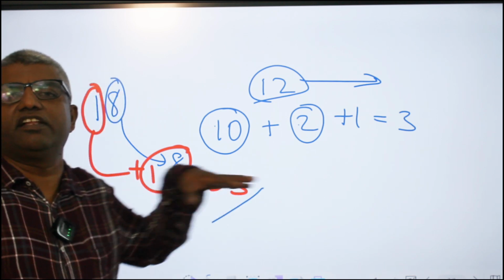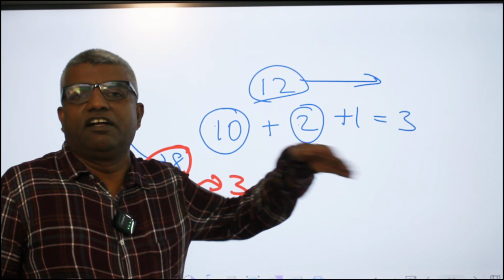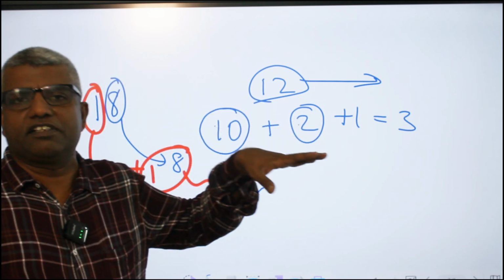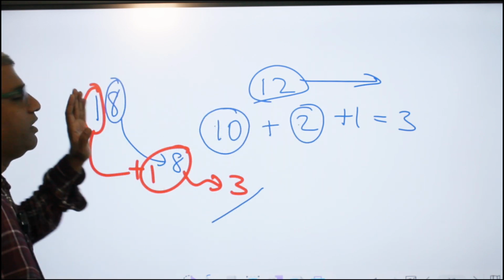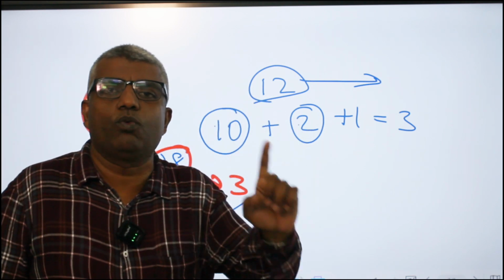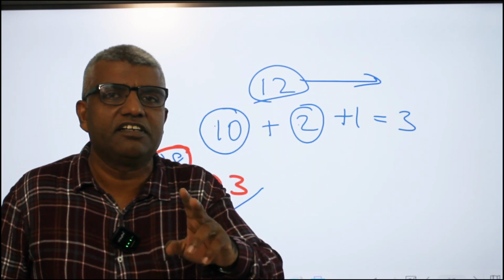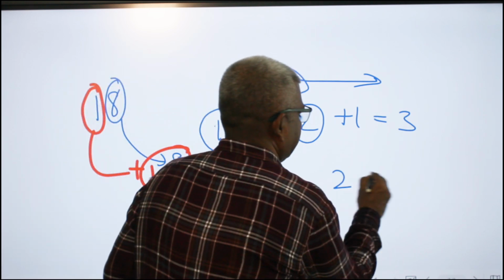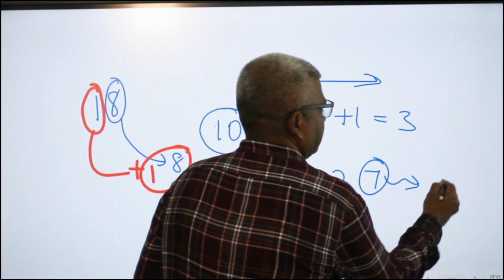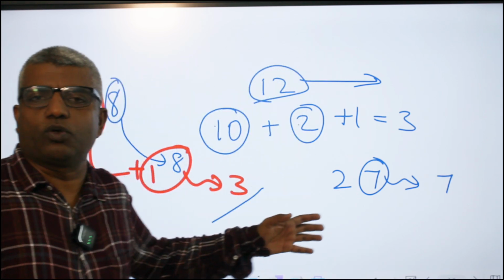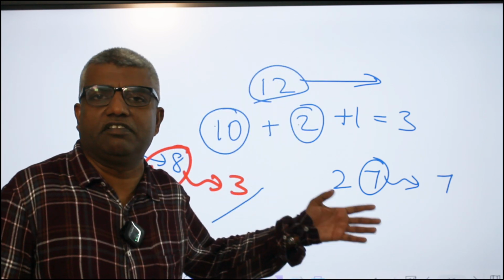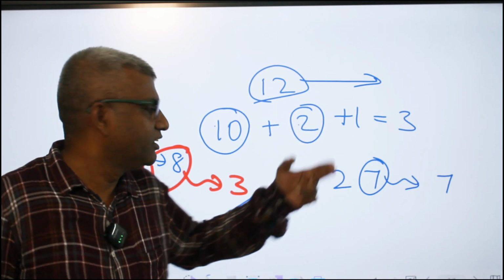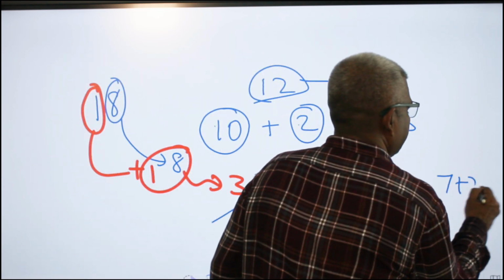Another example, 27. The last digit is 7. In 20, 3 will go 6 times, and the remaining is 2. So 7 plus 2 is 9.